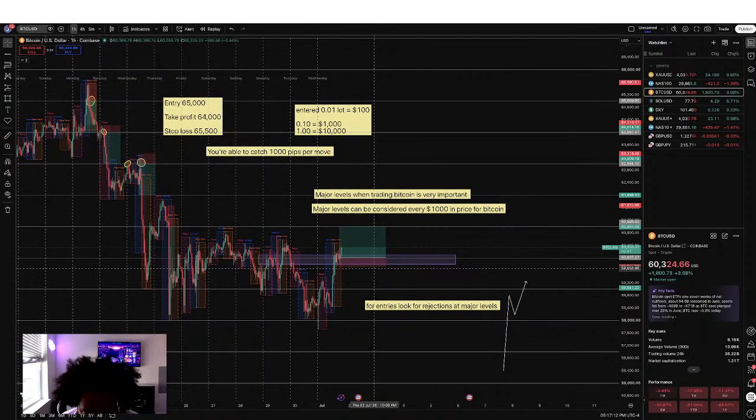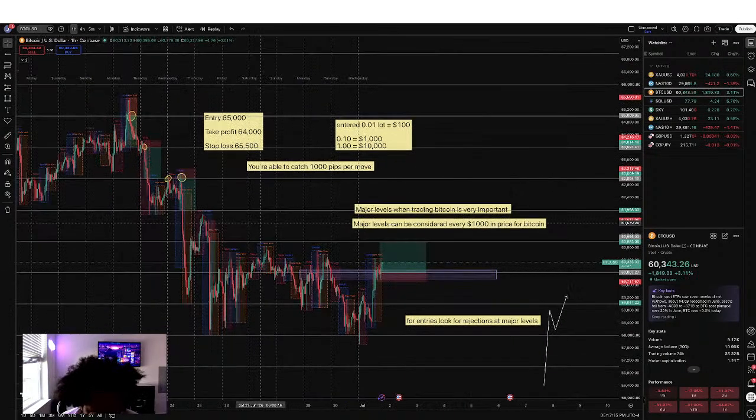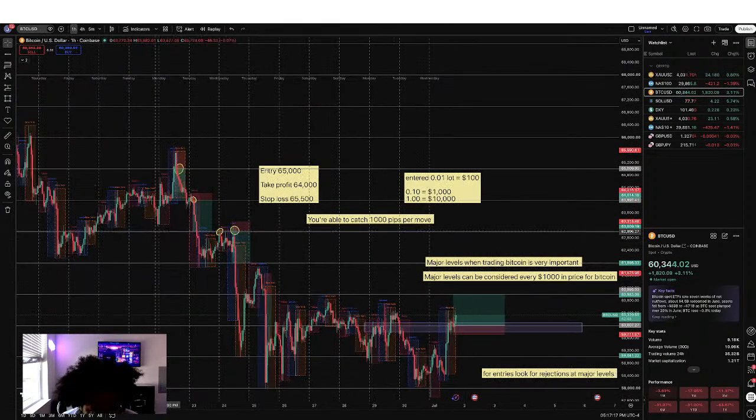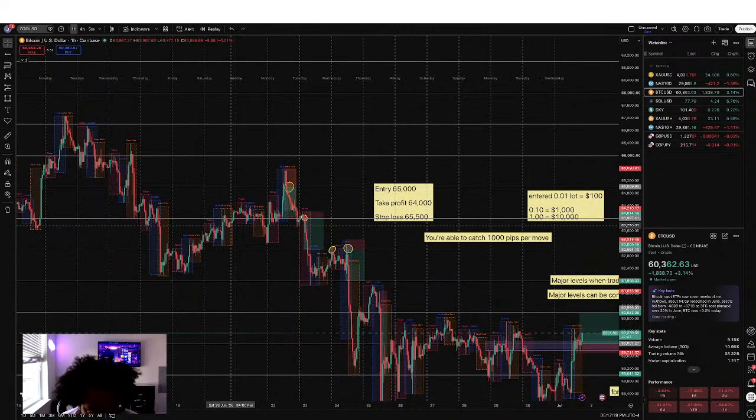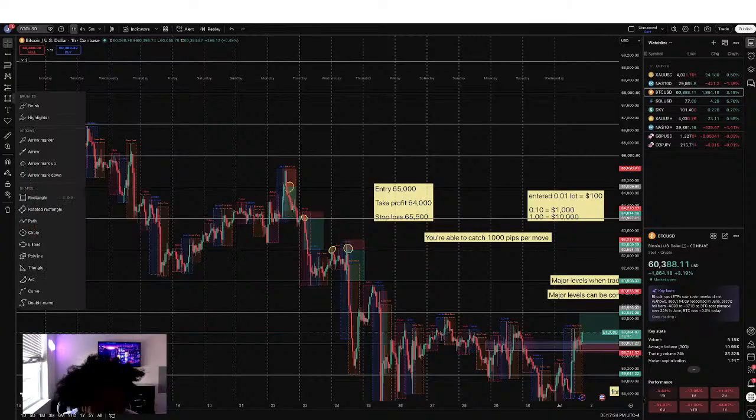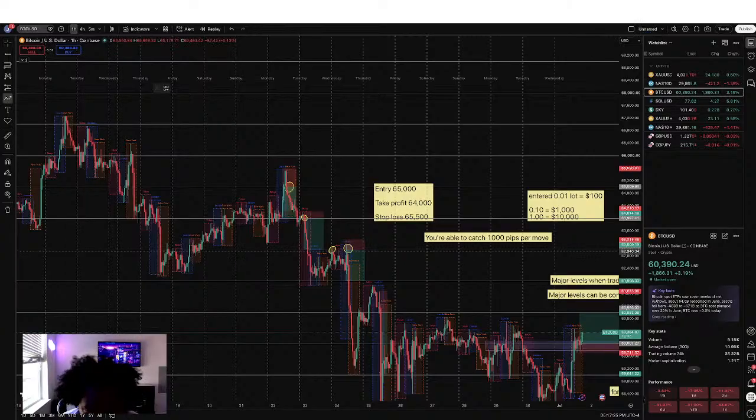So what is a rejection? What is an example of a rejection? A rejection is when the market approaches one of these major levels. As you can see, these major levels are marked up every 1,000. A rejection is when a market comes and approaches a level, but it wicks the level.